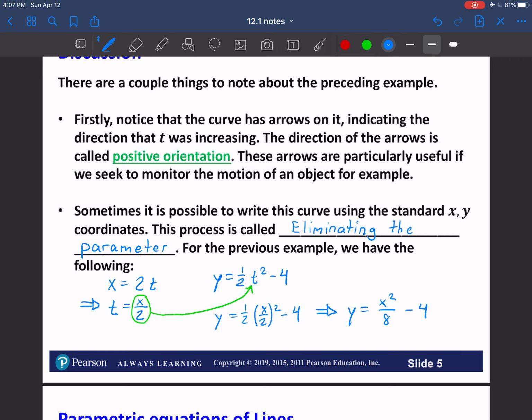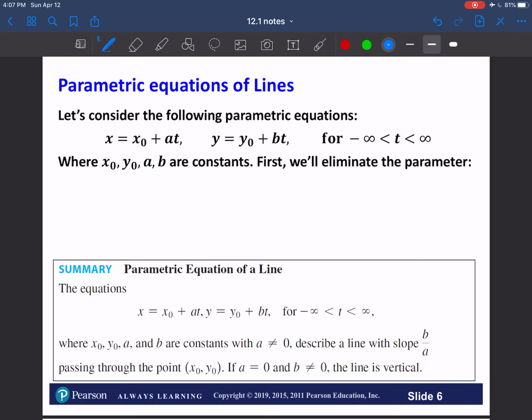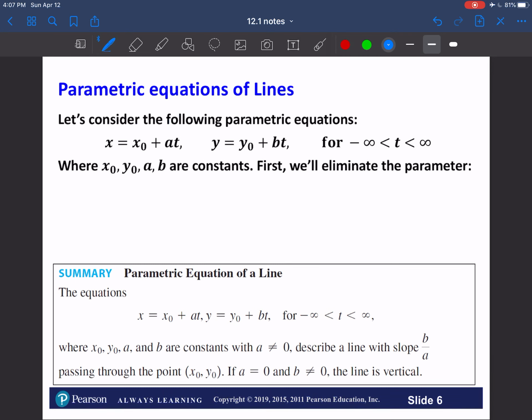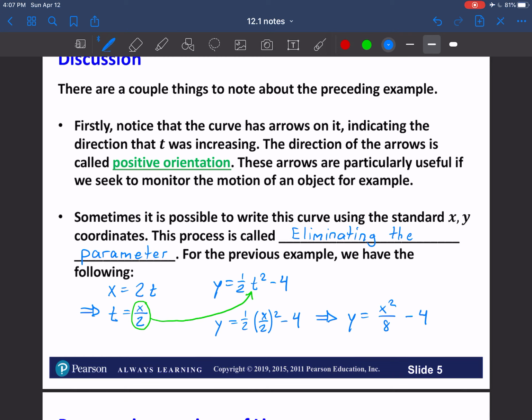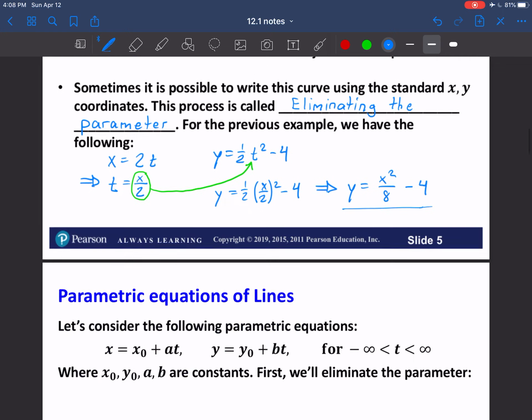All right. The next thing to consider, so that was eliminating the parameter. We got rid of our t variable and we wrote it in terms of Cartesian coordinates. We now just have y's and x's, which is what we desired.